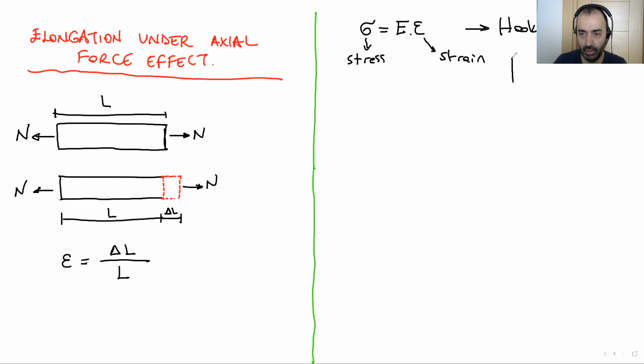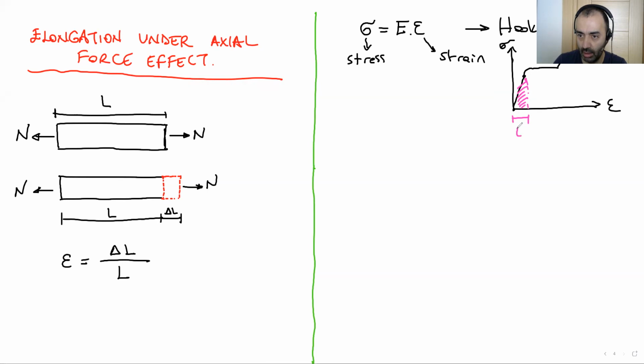If we remember the steel stress-strain diagram, it was like this, right? This is sigma, this is epsilon. We are dealing with this portion.